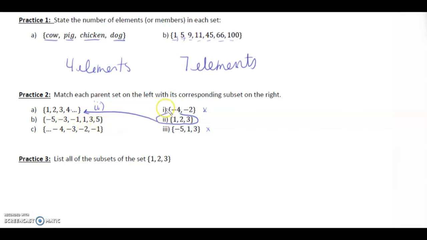So if we take a look at what's left over, this subset has a 4 in it, but B doesn't have a 4 in it. So it's not this one. It's definitely 3. Okay, so 3. Now C, -4, -3, -2, -1. Okay, that's definitely number 1. It has -4 and -2 in it. So we just matched the parent set to the subset.